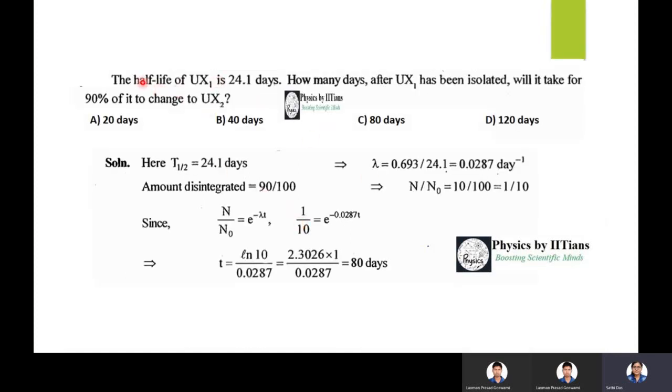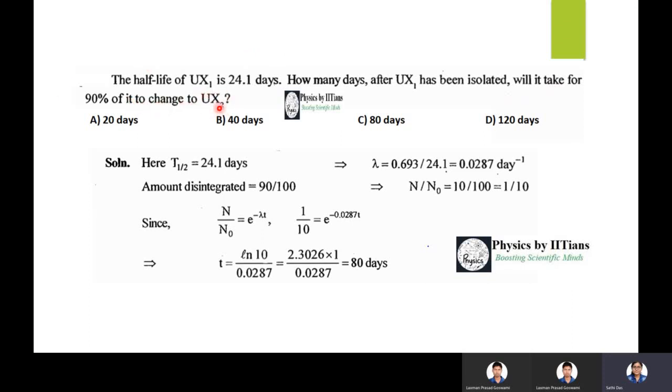Let's take another example. The half-life of UX1 is 24.1 days. How many days after UX1 has been isolated will it take for 90% of it to change to UX2?